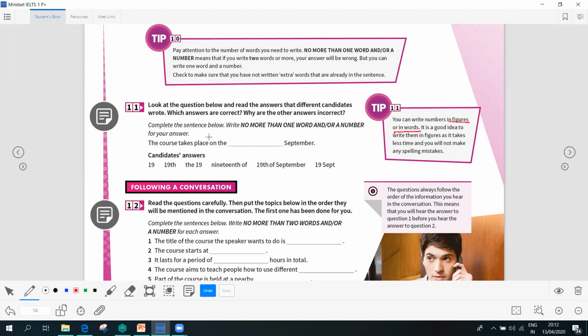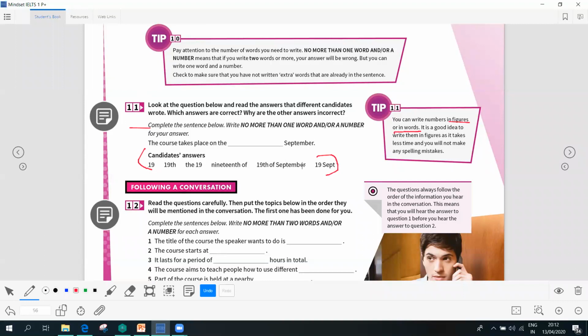Okay. So complete the sentence below with no more than one word or a number for your answer. So this is the task. Let's go back and read the instruction. Look at the question below. So this is the question. Look at the question below and read the answers that different candidates wrote. So here are the answers. The different candidates are people who take the exam.